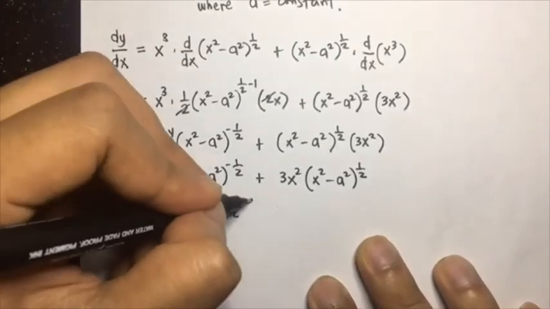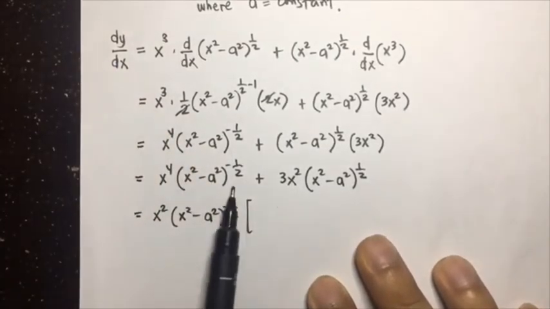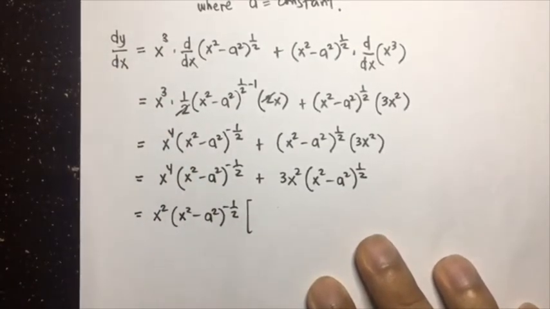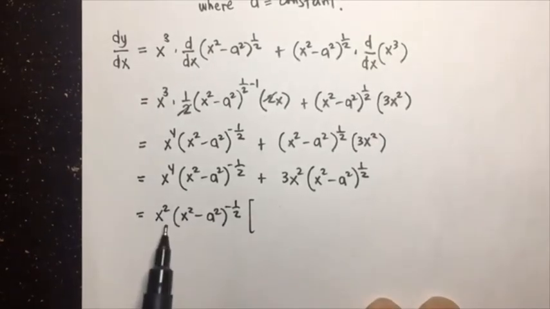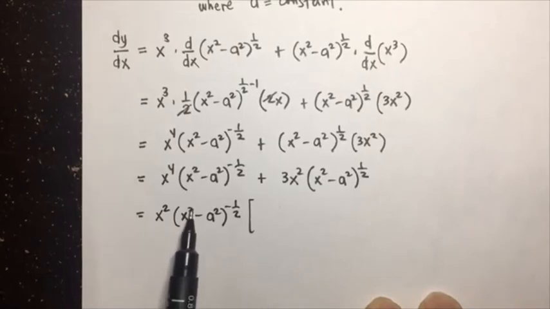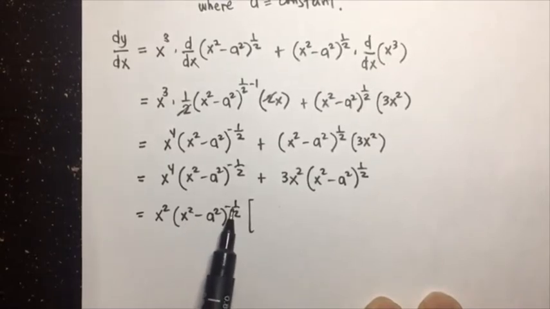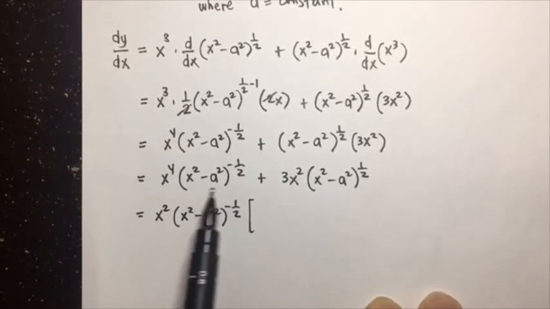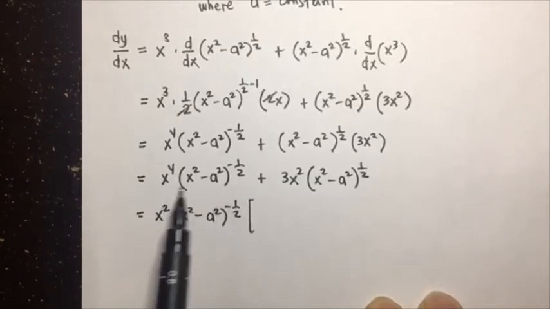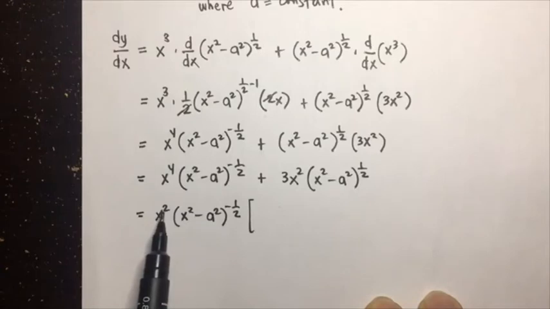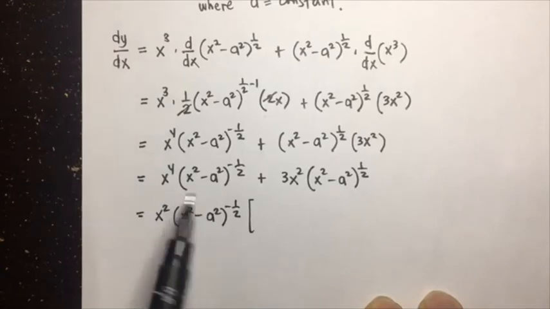So what will remain in the first term if we factor out x squared and x squared minus a squared raised to negative 1 half? What will remain here is x squared.